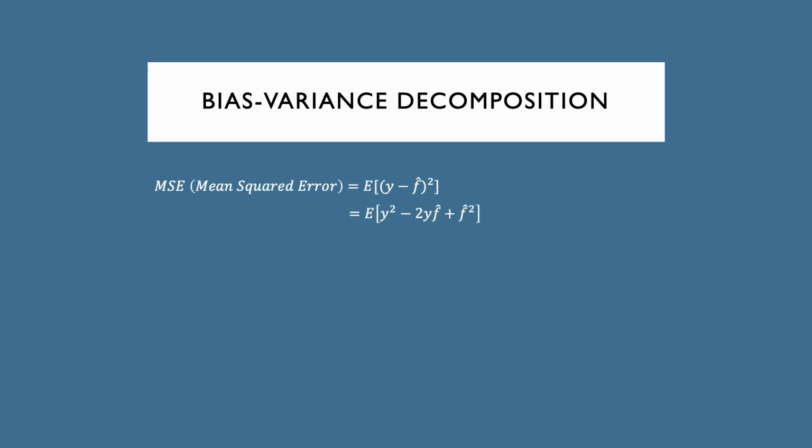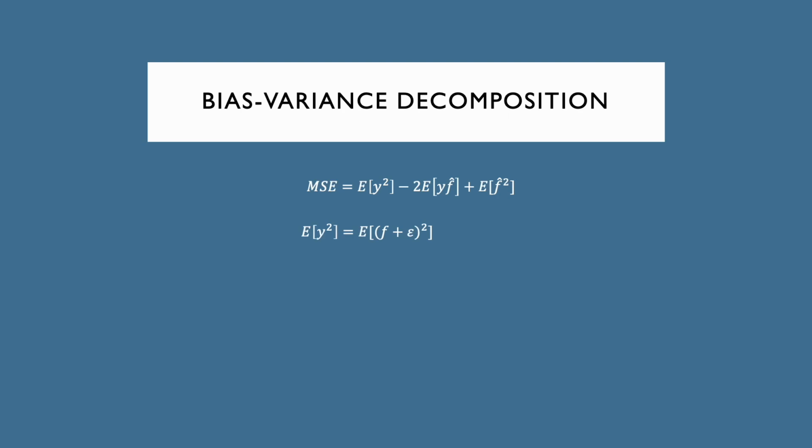Now due to linearity of expectation, we can break this into individual expected terms like this. Again, continuing from the previous equation, let's pick the expected value of y squared.